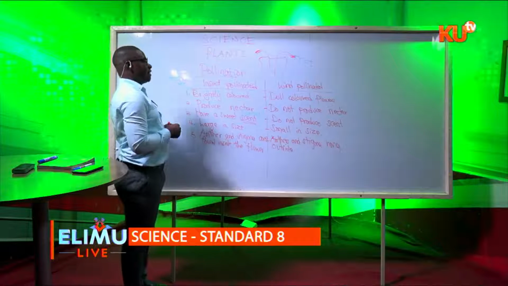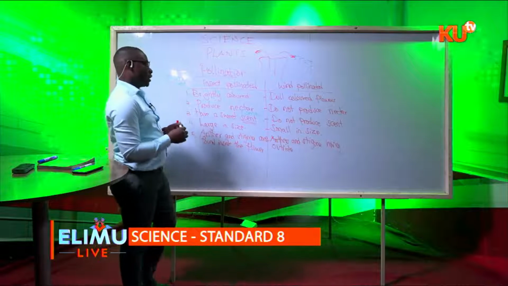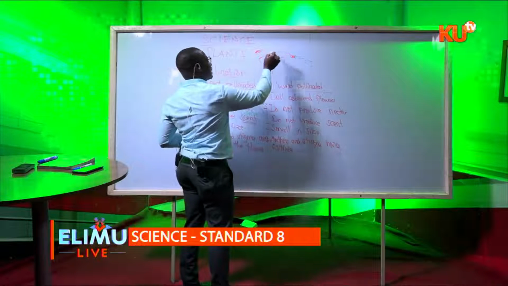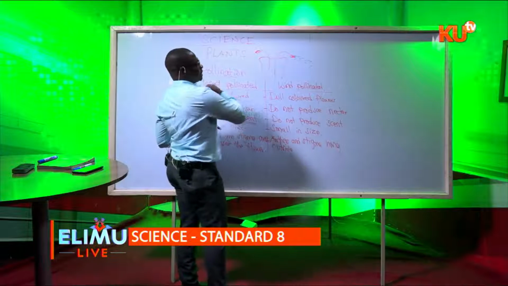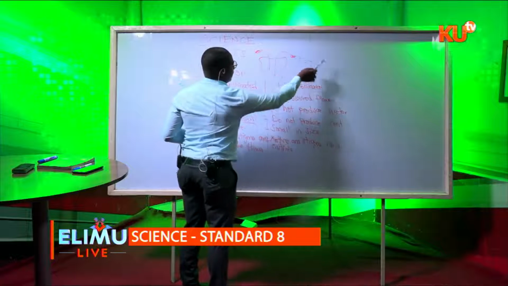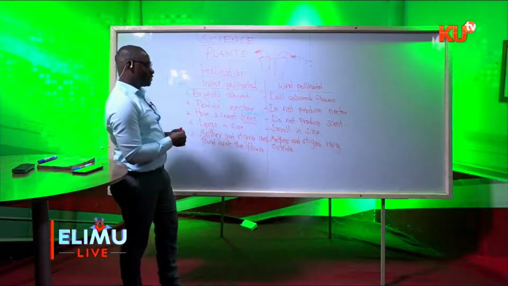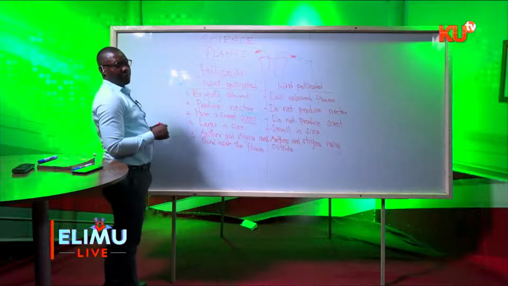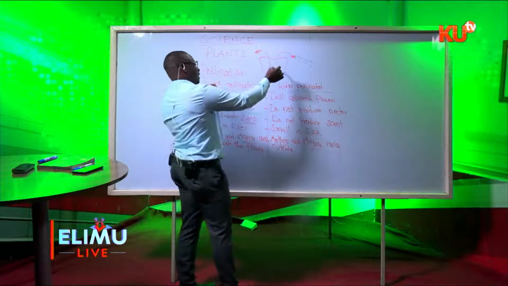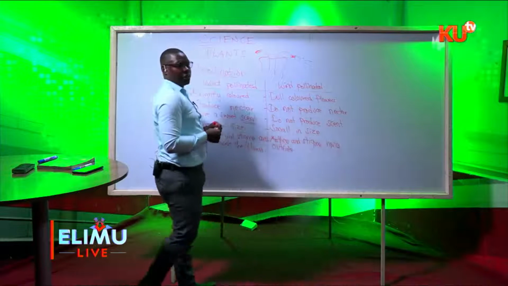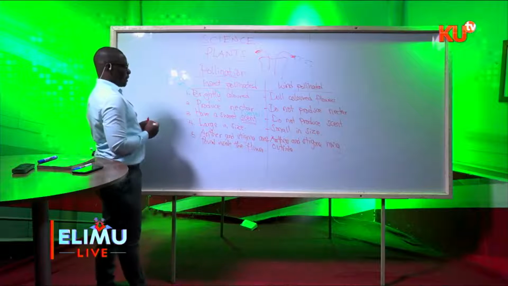Remember, the definition of wind is moving air. So as the anthers are hanging outside, once the wind blows, it blows away the pollen grains. And as the pollen grains are being blown away, they move from one flower to the other. And then pollination will have taken place.